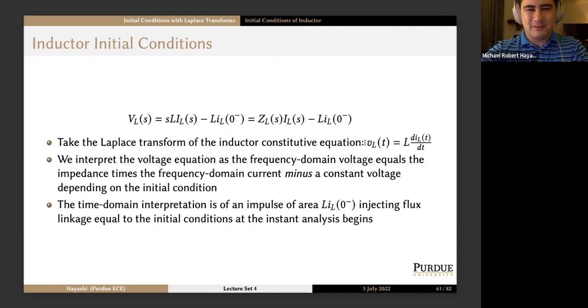So we'll take the Laplace transform of the inductor constitutive equation, v_L(t) = L di_L/dt. We'll get V_L(s) = L s I_L(s) minus L i_L(0-). We interpret this voltage equation as the frequency domain voltage equals impedance times frequency domain current, minus a constant voltage that depends on the initial condition.